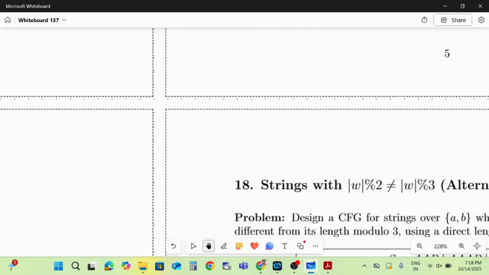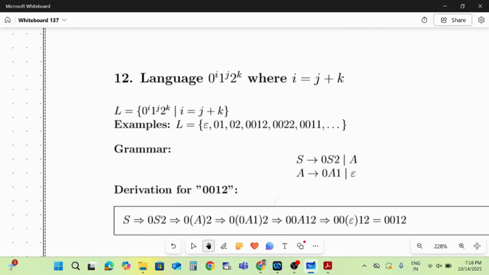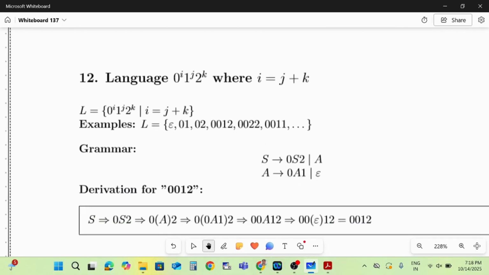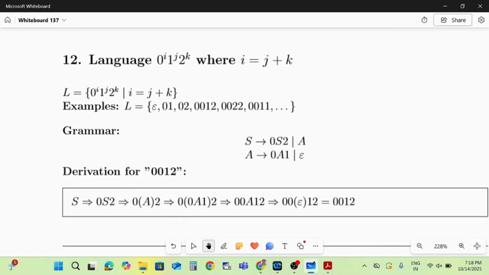A few more examples on this: we have 0 power i, 1 power j, 2 power k, wherein i is equal to j plus k. So whatever the power of 1 and whatever the power of 2, that should be the total count of zeros appearing.